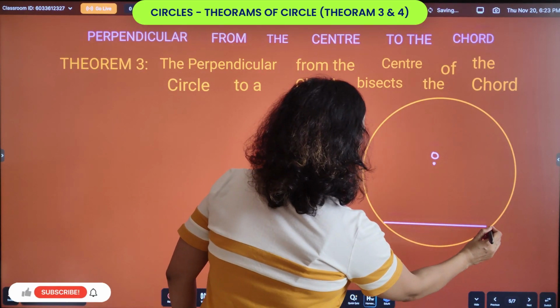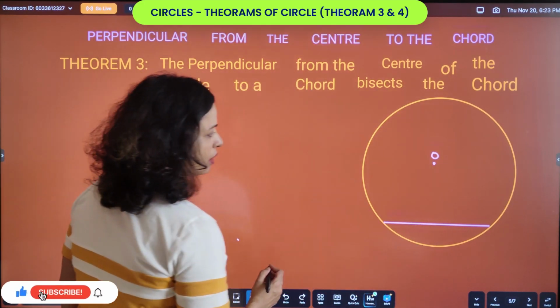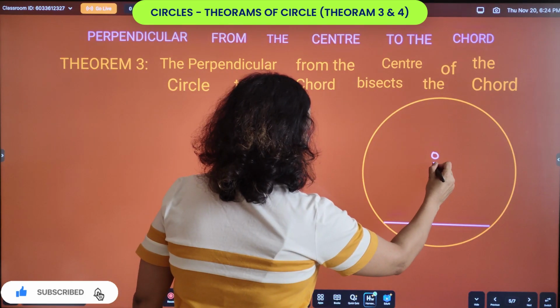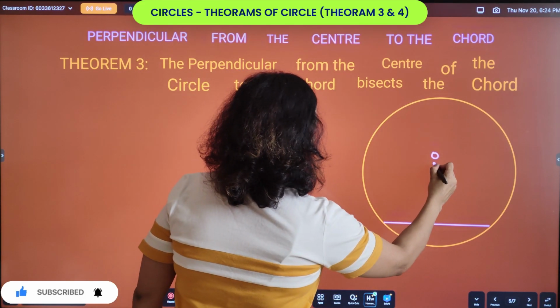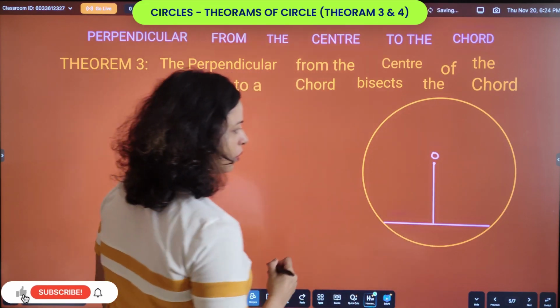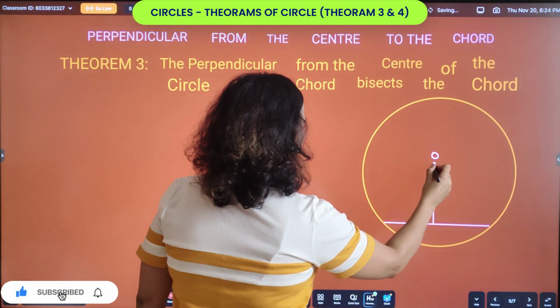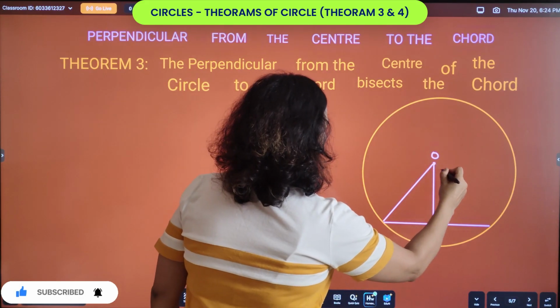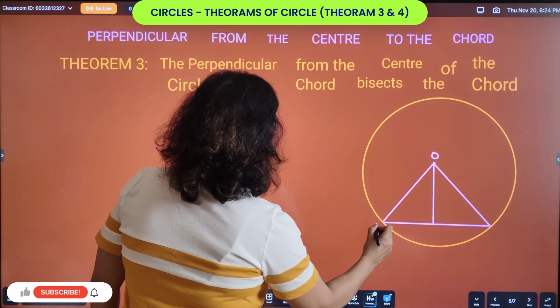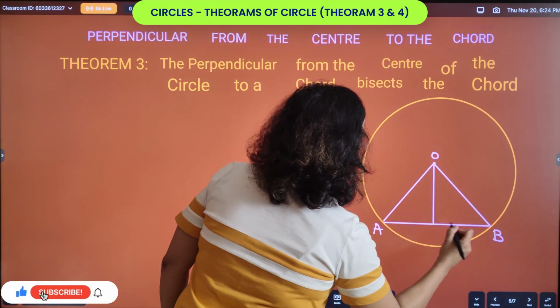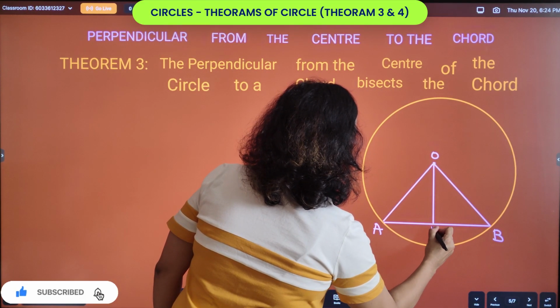Here I draw a perpendicular. Let me name the chord endpoints A and B, and the foot of the perpendicular D.